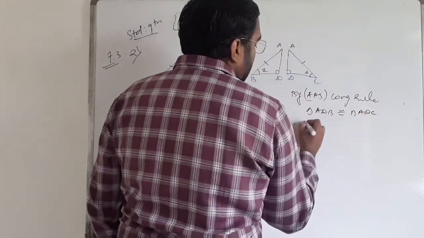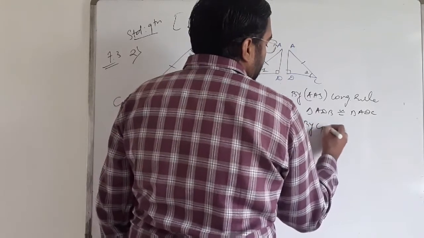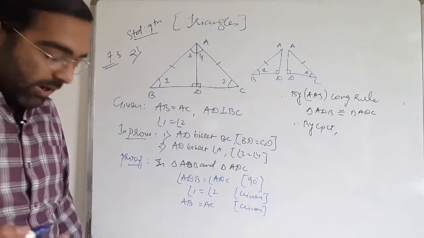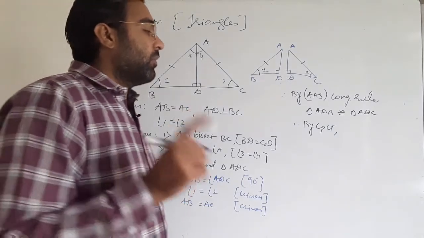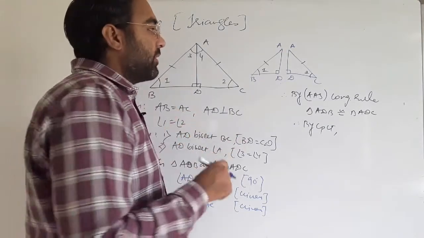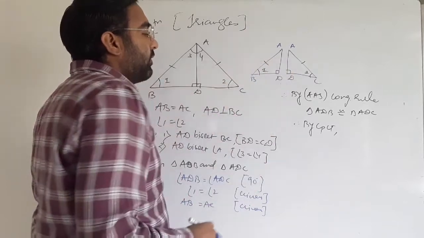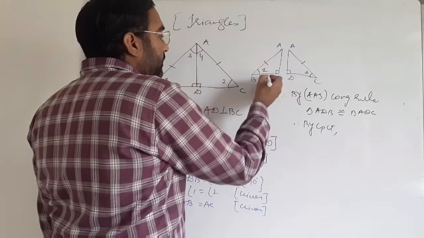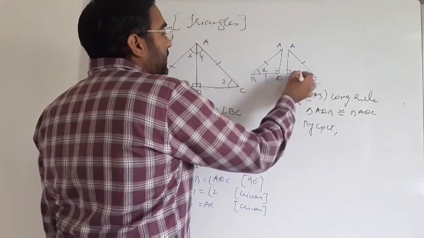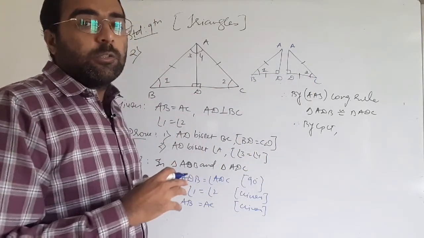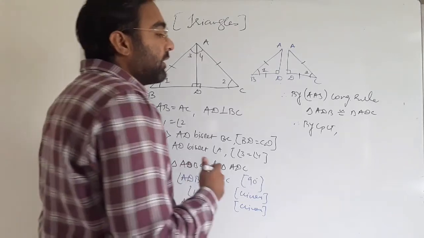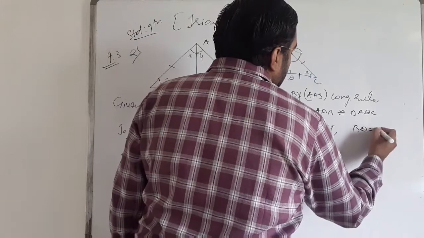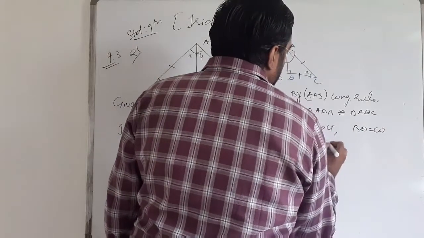Therefore, by the CPCT rule. What is CPCT? It is corresponding parts of congruent triangles. Now in these two congruent triangles, BD and CD are corresponding parts of both triangles, so they are equal, that is BD is equal to CD.